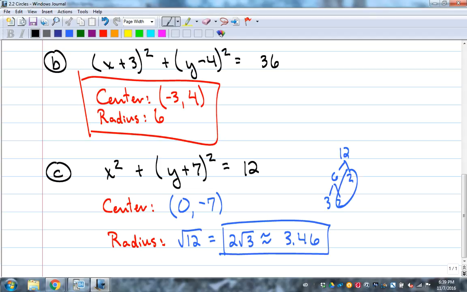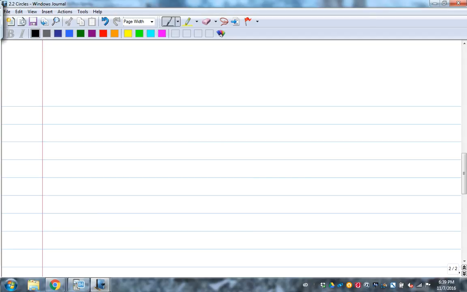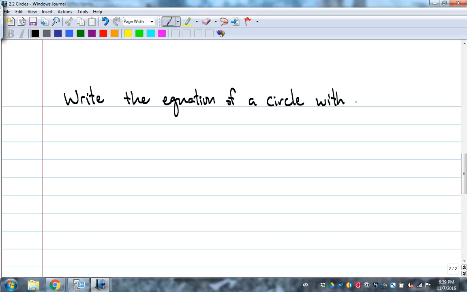So let's go the other direction, and let's write the equation of a circle with radius of 7 and center at 6, 8.